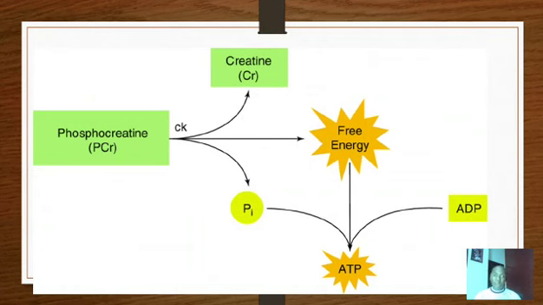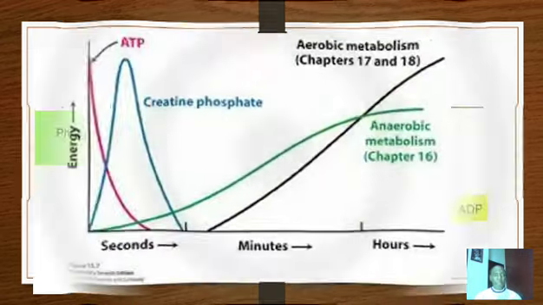So in summary, creatine or phosphocreatine or creatine phosphate is another compound in the body, particularly muscles, just like ATP, and it breaks down into creatine and phosphate, releasing energy within a short period of time. Now the phosphate from that breakdown can combine with ADP, liberating ATP.